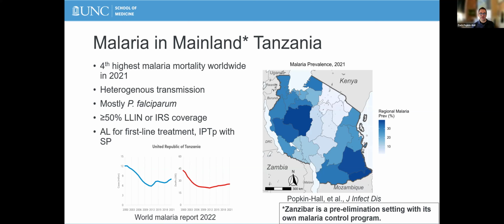And then the last thing I wanted to show here, just to characterize the malaria situation in Tanzania, is these graphs from the World Malaria Report showing the trend of malaria cases and deaths in Tanzania. If you look at the blue line, which is cases, in 2000, Tanzania started with a very high malaria case burden of 12 million cases a year.